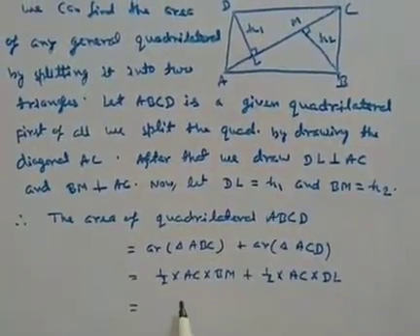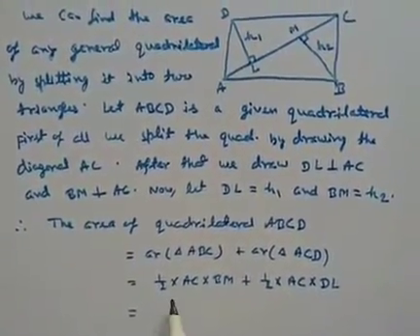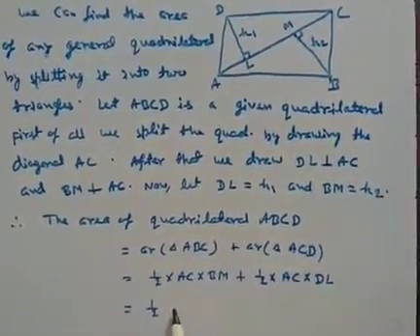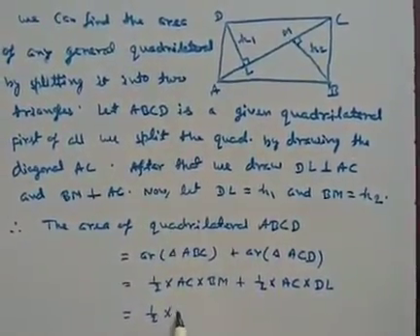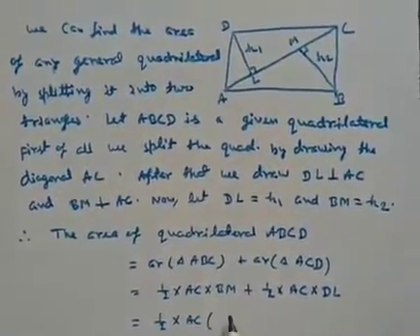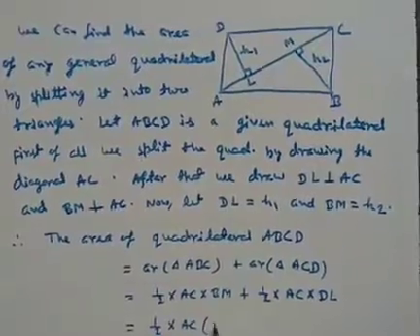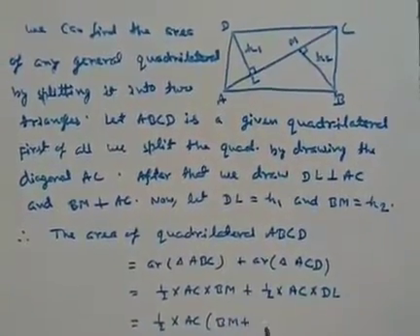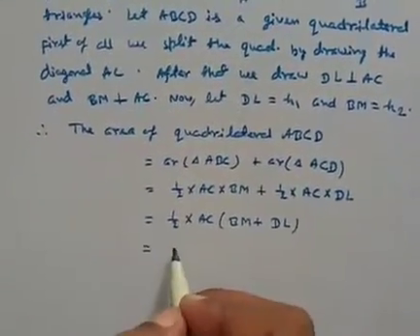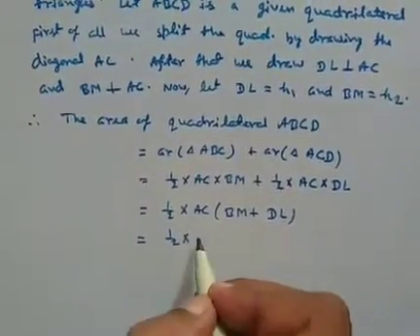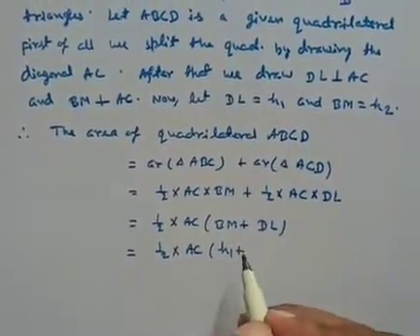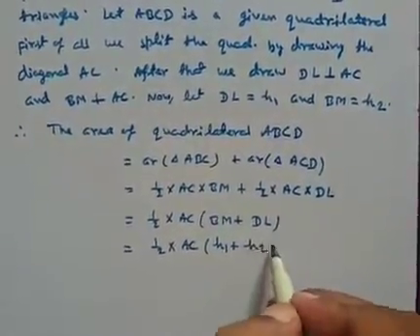Equal to, here half and AC are common, so we take common half into AC. After that we get BM plus DL, so equal to half into AC into (BM plus DL).